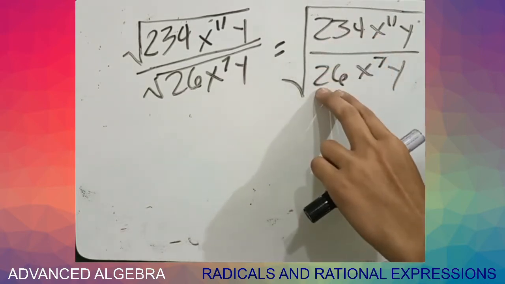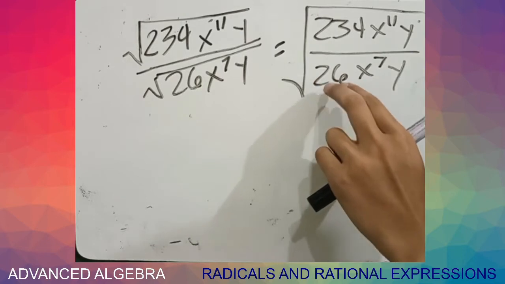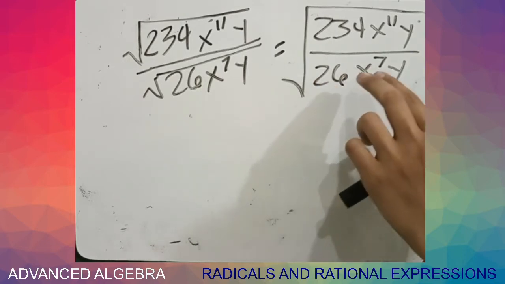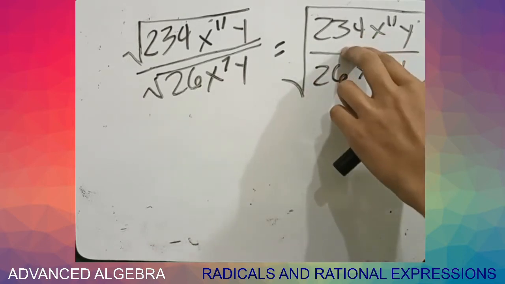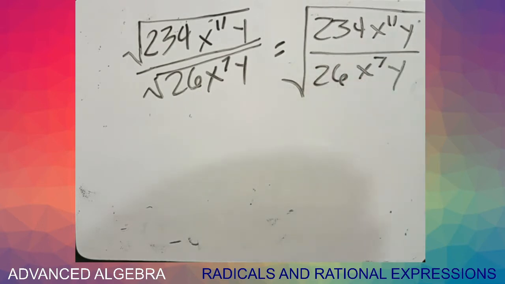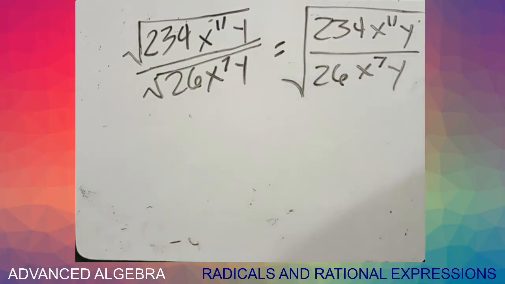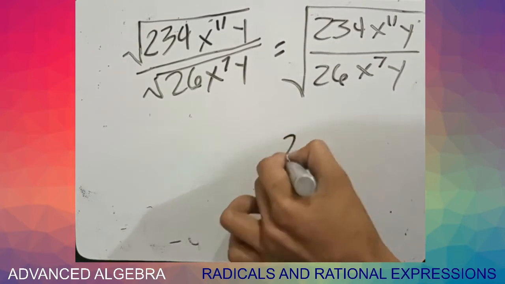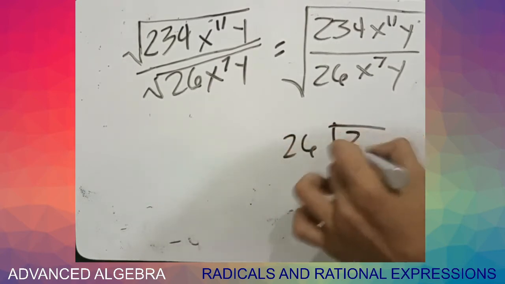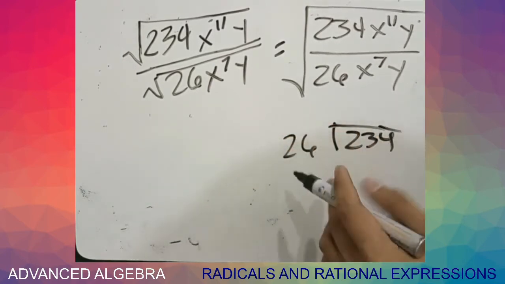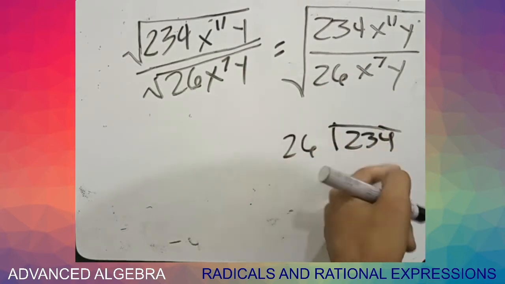So, parehas na number yung ating may numerical coefficient yung ating variable dito sa baba, meron din numerical coefficient dun sa nasa taas. So, ang gawin natin, i-divide natin. So, 234 divided by 26. Okay, 234 divided by 26.